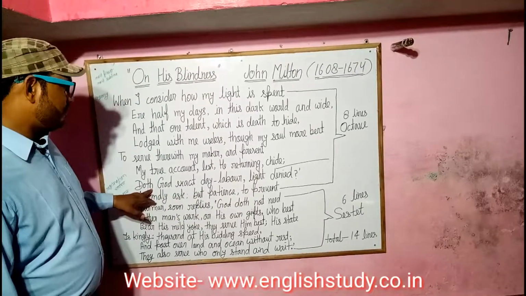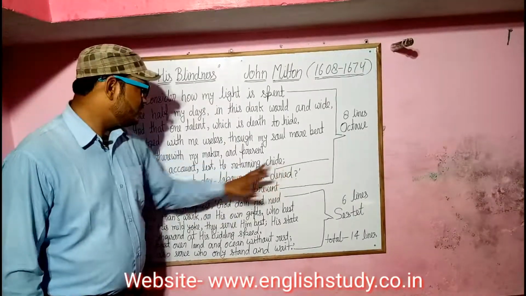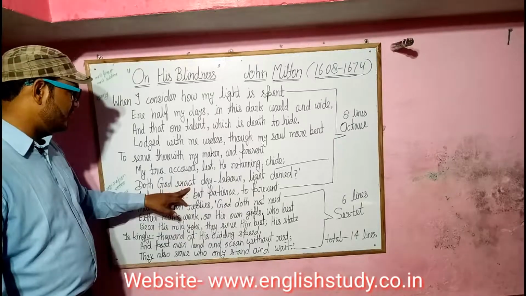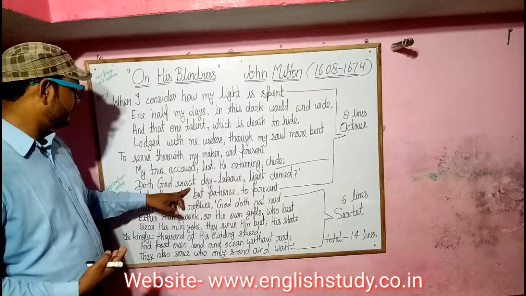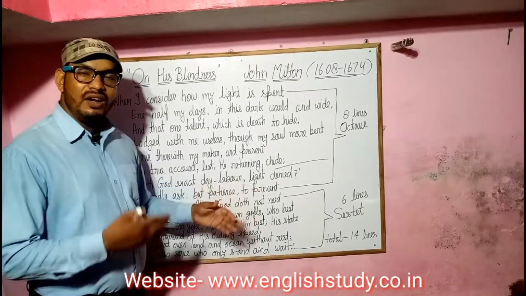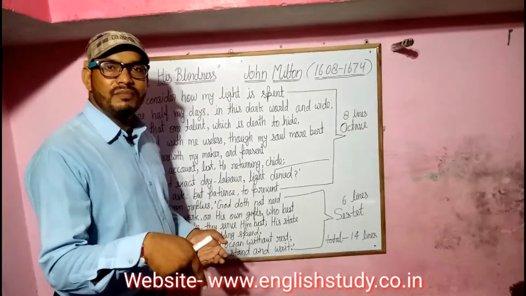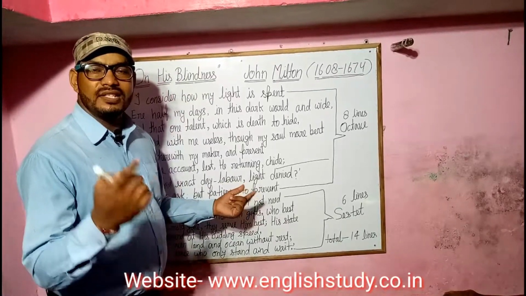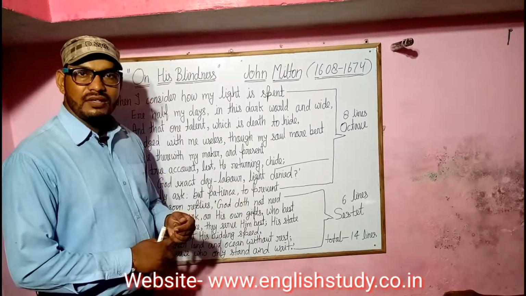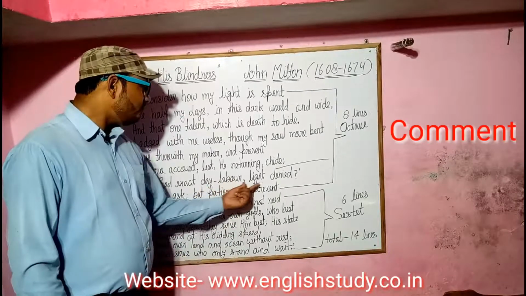And after this line we see, "doth God exact", meaning does God demand, day labor, or labor which is done in enough light in the day, in the sunlight. Such types of work we do in sunlight.